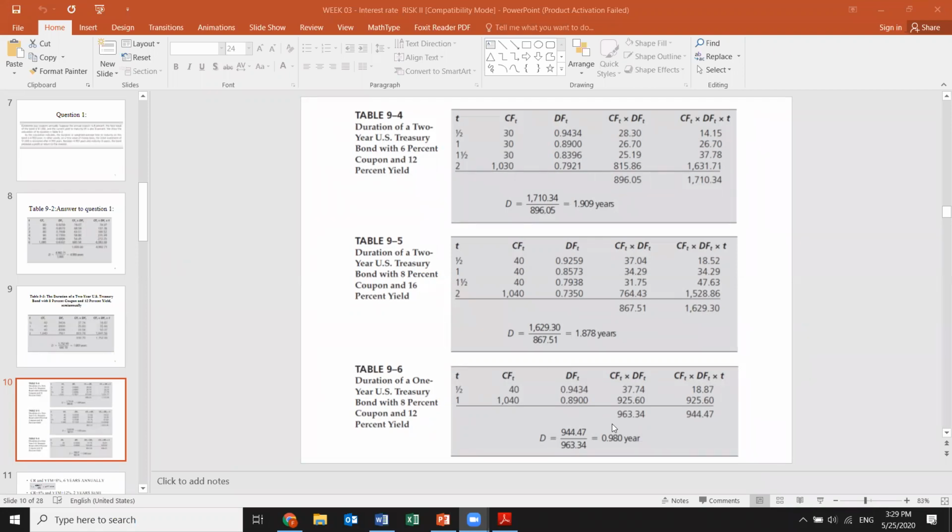So we can say there is a positive association between the maturity of the bond and duration. And duration is the time required to recover the investment you made.